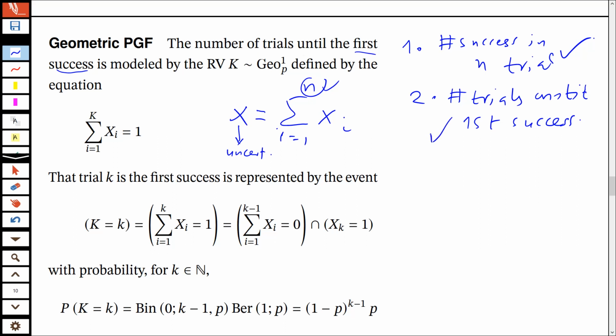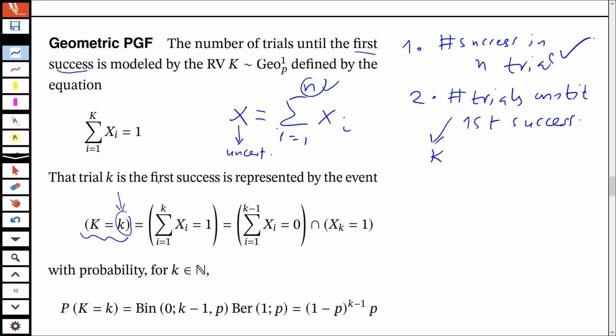I am just using k for this random variable, and to find out the distribution of that, I can consider this event: the event that the number of trials needed for the first success is k. In other words, I am now considering the event that my first success was observed on the kth trial.